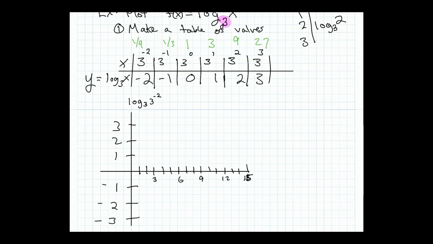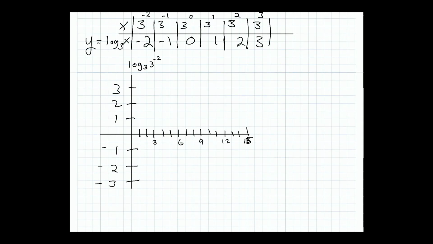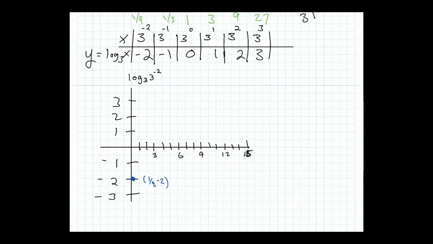So the first point is 1/9, -2. So 1/9, -2 is about here. It's very close to 0. But that's my first point. My second point is 1/3, -1. So that's about like this. My next point is 1, 0. It's there.